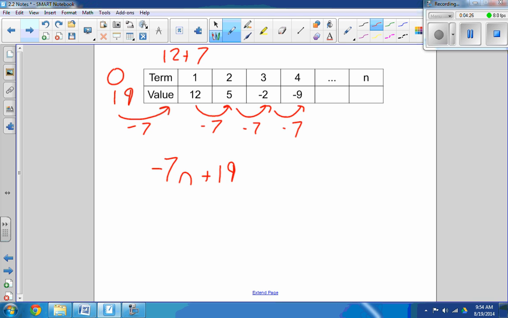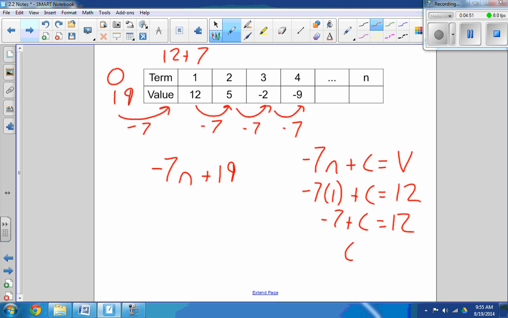Let's do this algebraically. So negative 7 times the term plus some unknown equals our value. Let's take our first known term. Negative 7 times 1 plus the unknown equals our value, which is 12. So negative 7 plus the unknown equals 12.